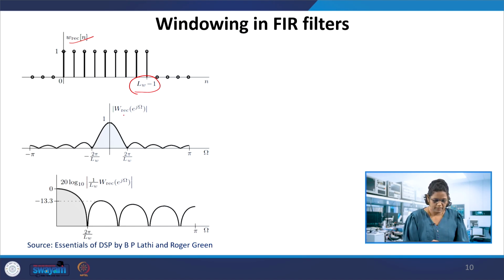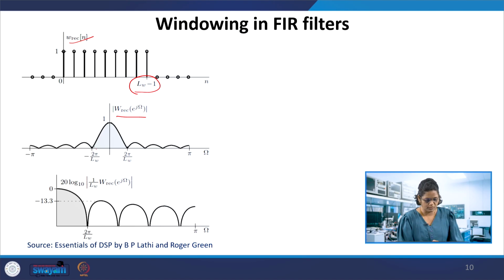When we take the Fourier transform of this w[n], which is W(e^jω), the rectangular function leads to a sinc function in the Fourier domain.